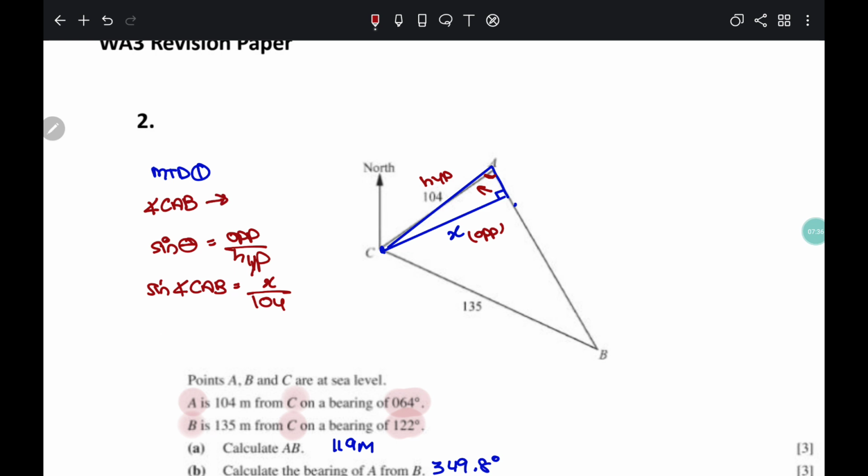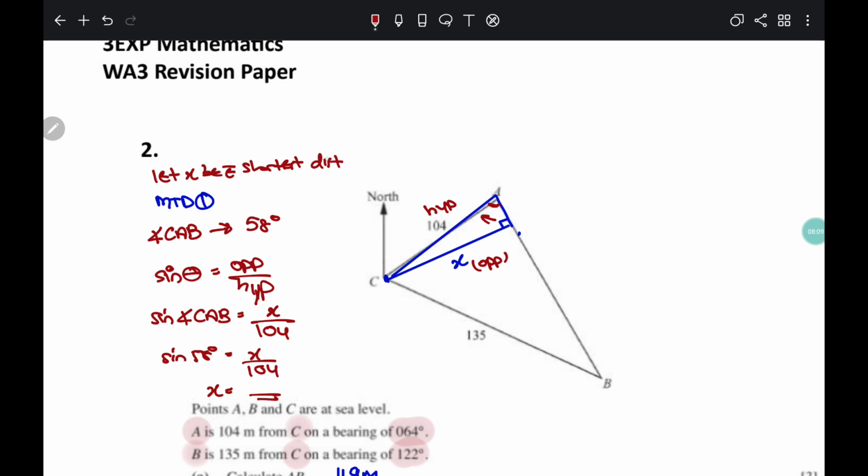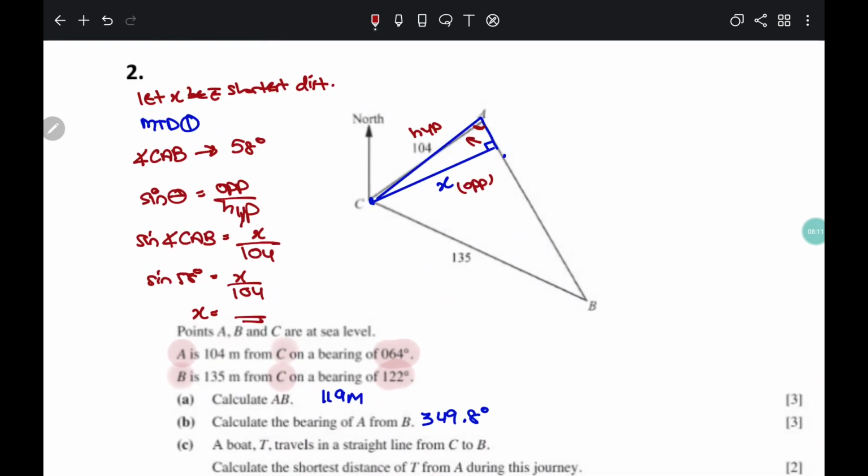Your value should be 58. So sub in sine 58 equals X over 104 and find the value of X, the shortest distance. Since X is not given in the question, make sure you start off by stating, let X be the shortest distance. That is how you do part C using method 1.